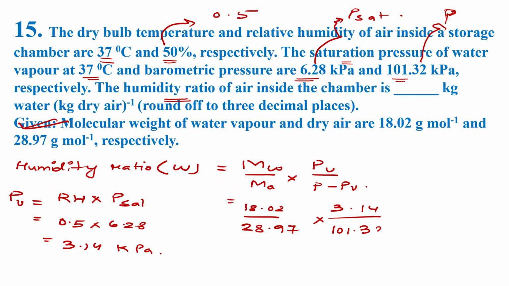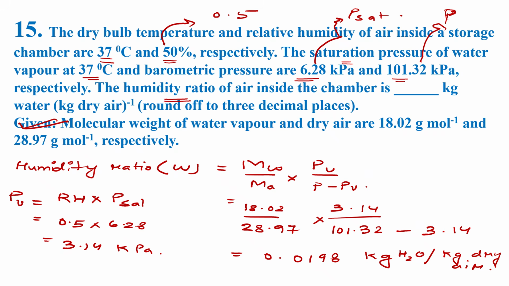So our value will be approximately 0.0198 kg of water per kg of dry air, or approximately 0.02. So our answer will be 0.02.